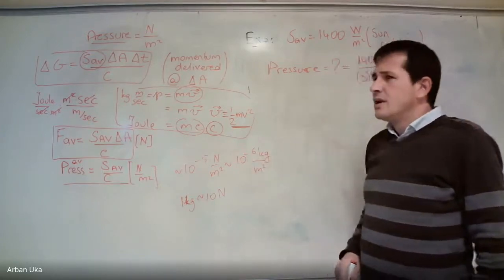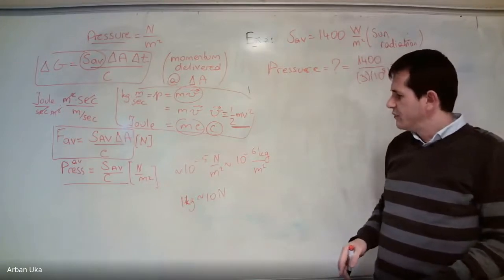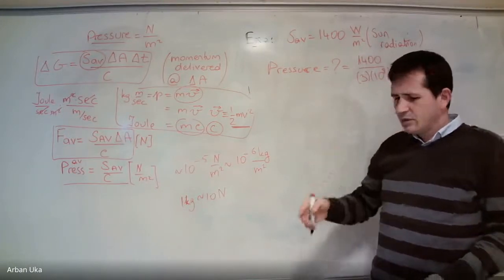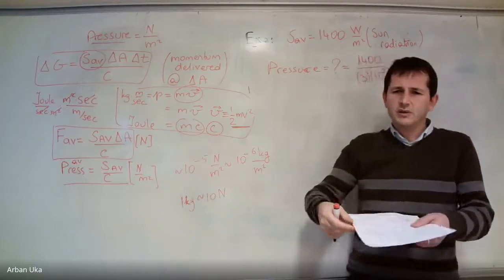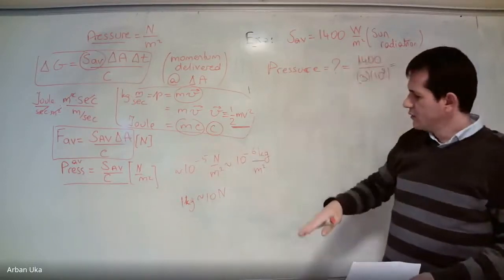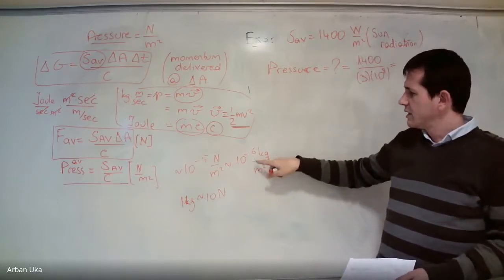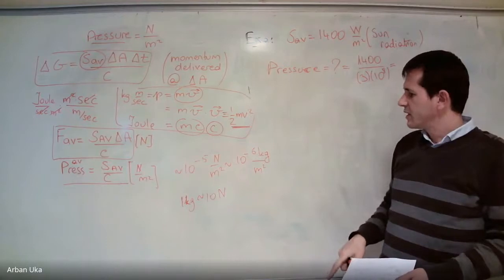So it looks like on a sunny day, if we are at the seaside, because the sun is there, we can assume that we have a surface area. You can open a piece of metal, and on a surface area of 1 meter square, you have what is a kilogram, milligram, microgram.